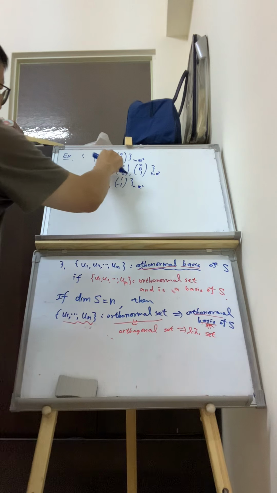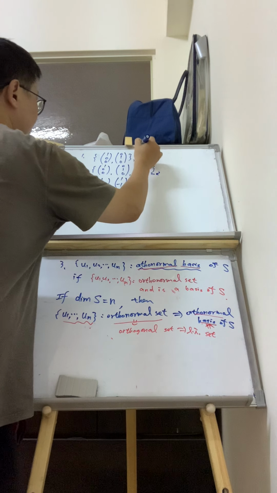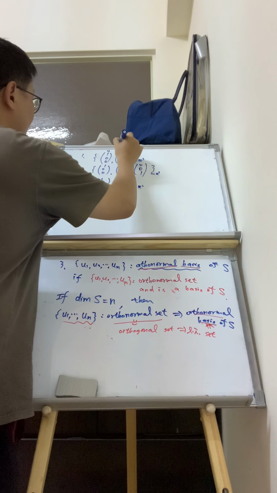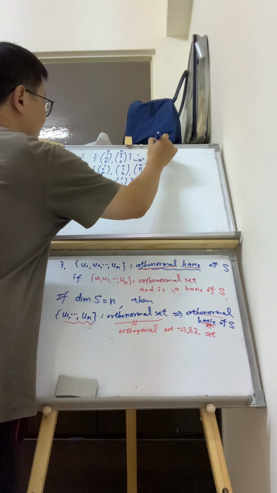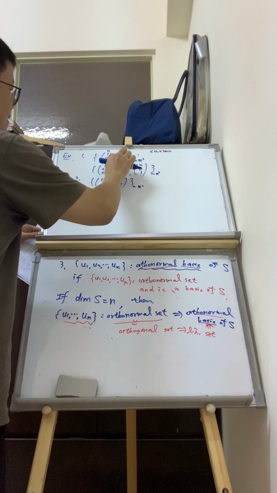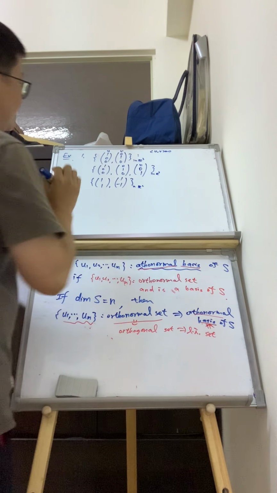Once you consider the inner product, here is our U and our V. The inner product (U, V) equals 1 times 0 plus 0 times 1 plus 0 times 0, so it's 0.